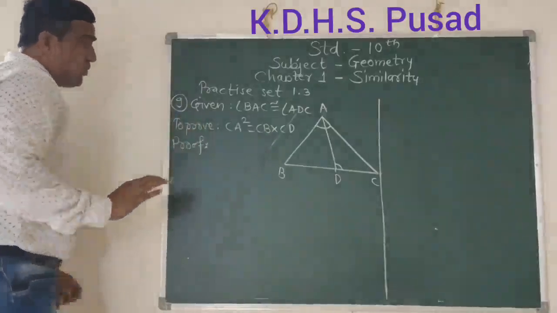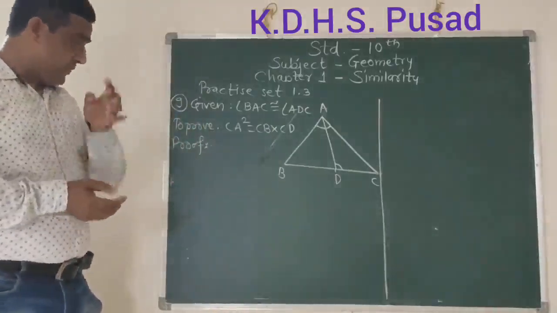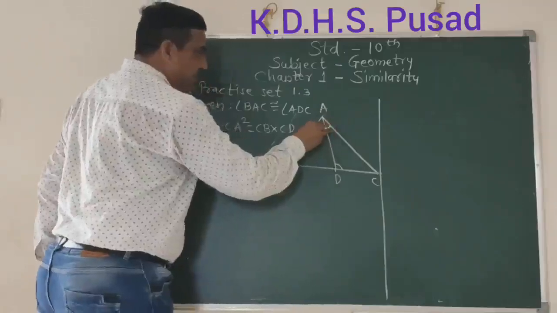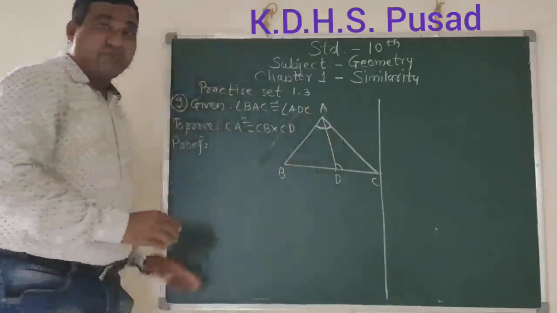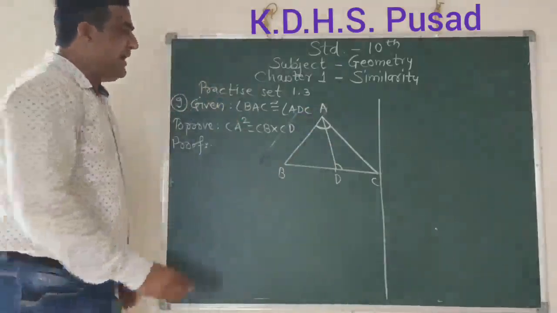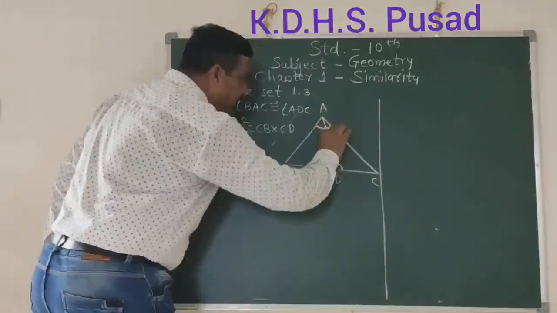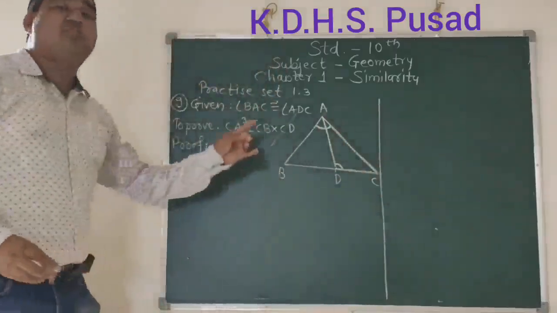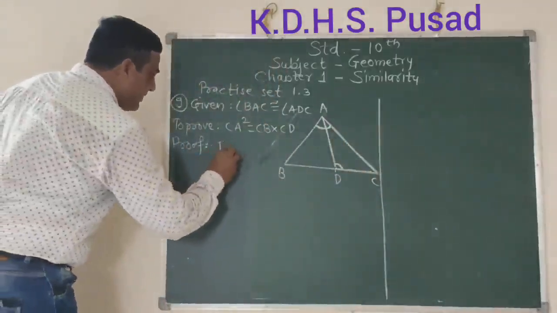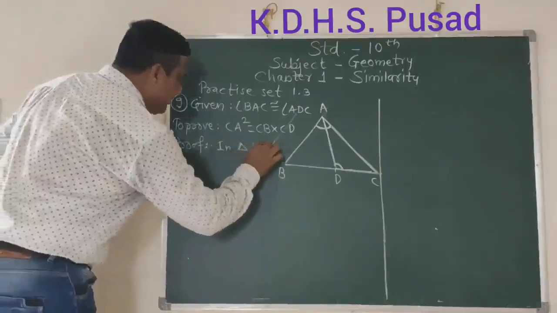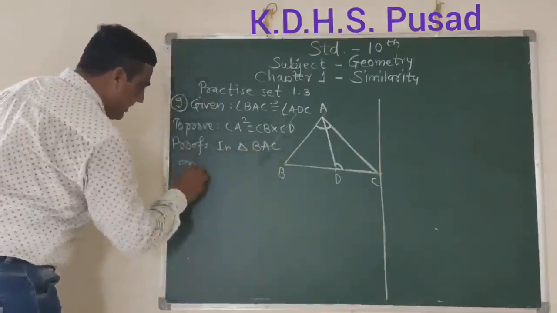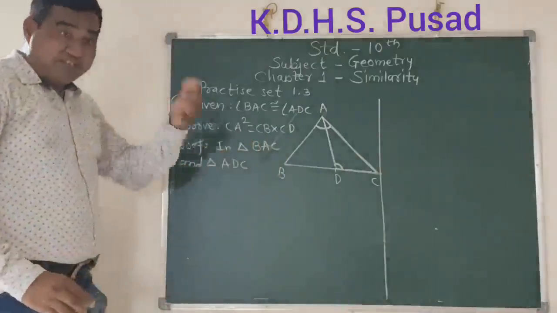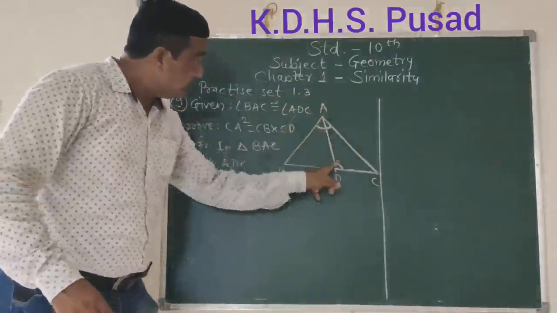Now, first of all, we don't get an idea of what we want to prove. So here, what are the angles given to you? Angle BAC from the larger triangle, and angle ADC from the smaller triangle. So let's prove similarity between these two triangles, that means in triangle BAC and triangle ADC, between this larger triangle and this smaller triangle.